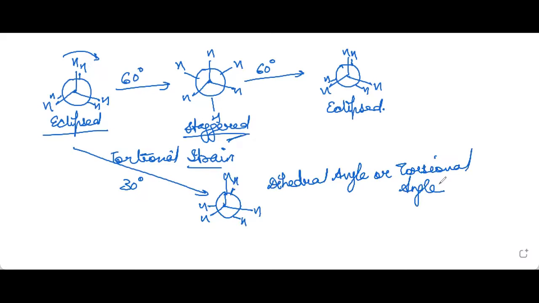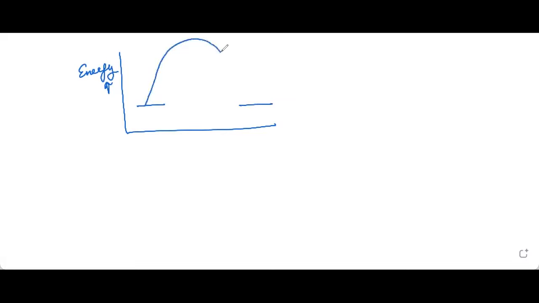Now we can draw the energy level diagram for the different conformations possible in case of ethane. So you can just draw it like this. Here we have energy. We have already studied that staggered conformation is stable and it is having a lower energy than eclipsed conformation.